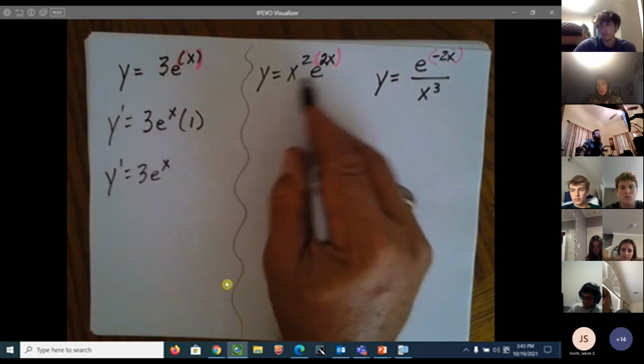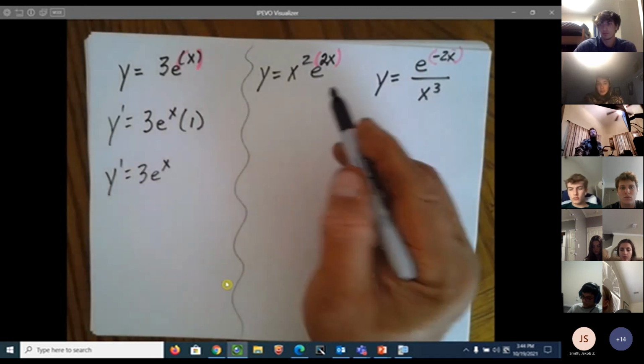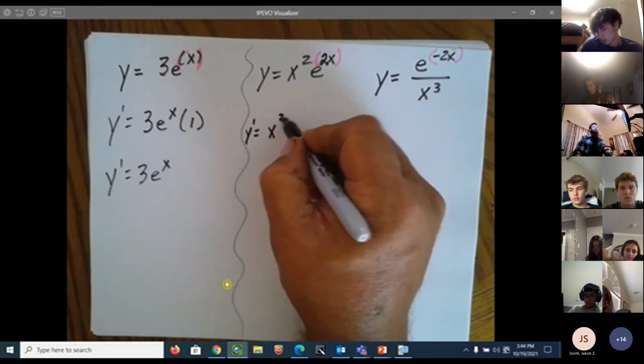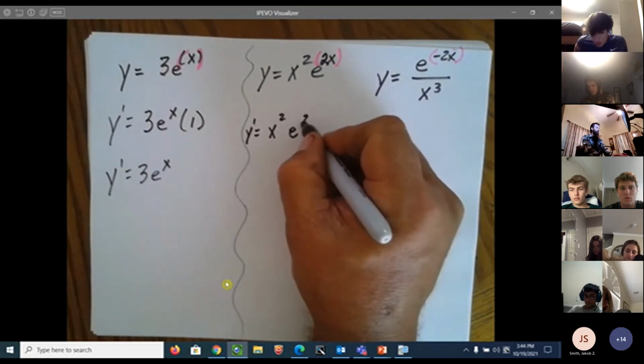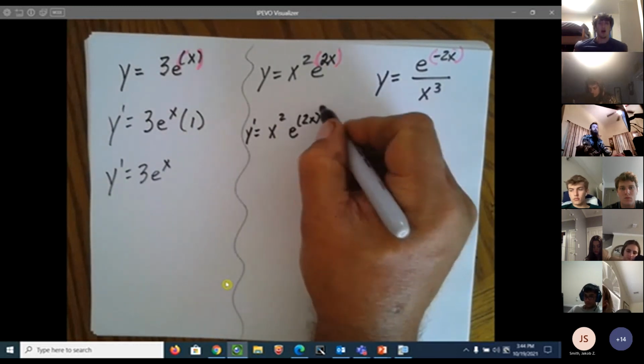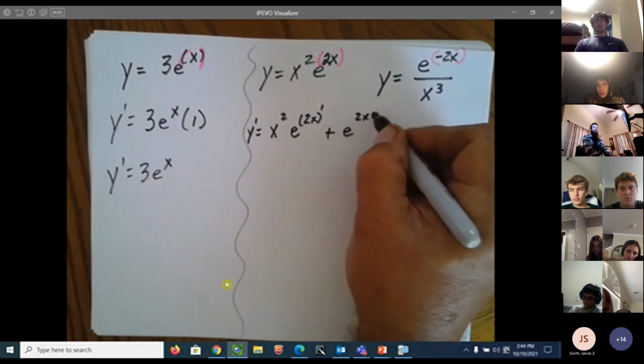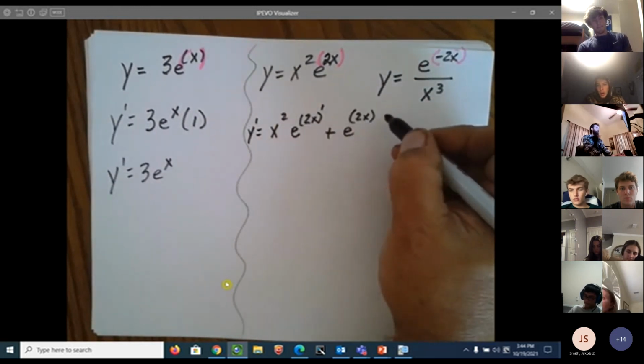Okay, now this one you got to do by the product rule. So y prime is equal to first times the derivative of the second plus the second times the derivative of the first.